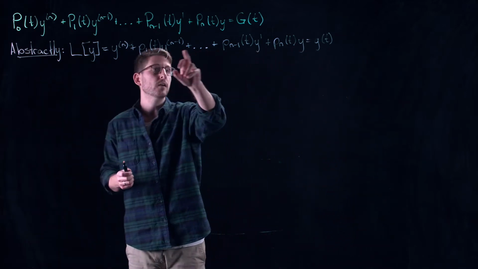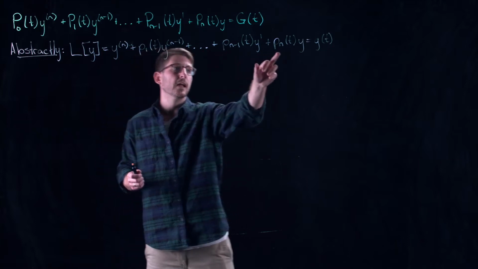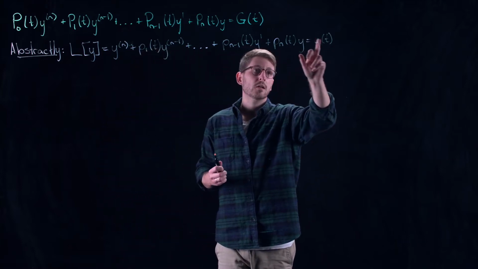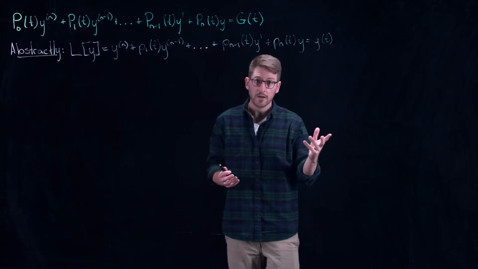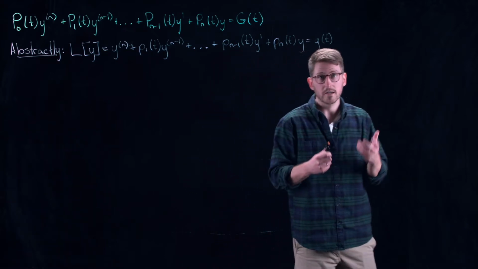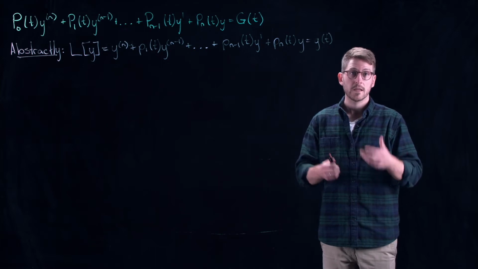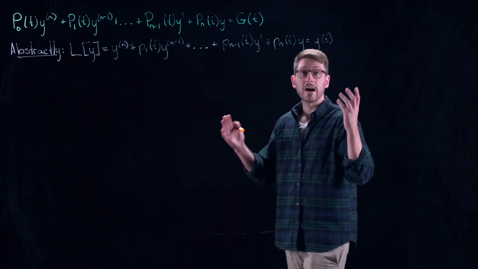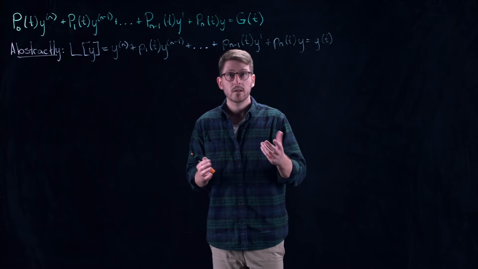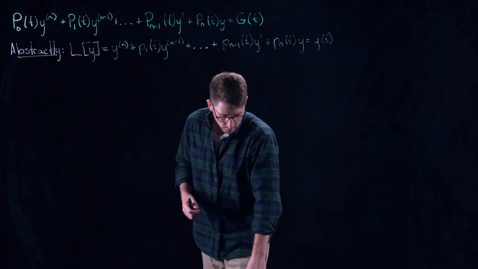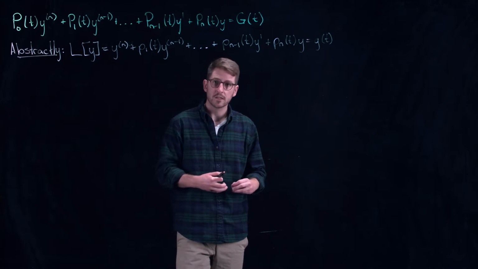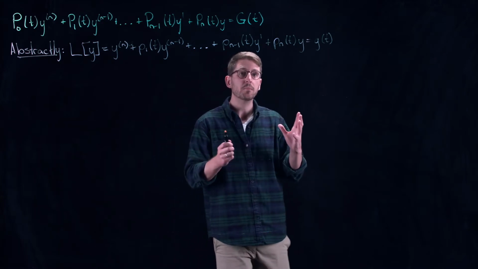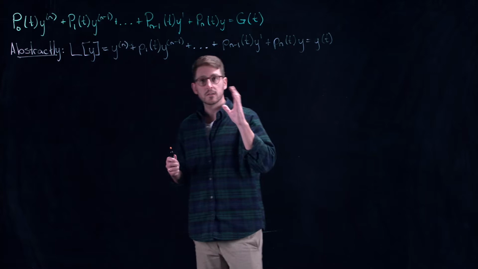Well, if p1, p2, all the way to pn are continuous on some interval, and so is g, and that interval contains your initial value t0, then you've got a unique solution to this thing. And that unique solution exists on that entire interval where you have continuity. So I'm not going to write that theorem because we already know what it's going to say. We've seen it before. I'm not going to bore you to tears with this theorem.